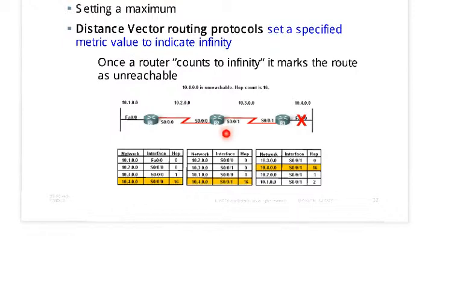So router 2 will process that update. Okay, so now router 2 will say, what I have is a route to destination network 10.4.0.0 with a hop count of, sorry, it was 1 originally, with a hop count of 1.